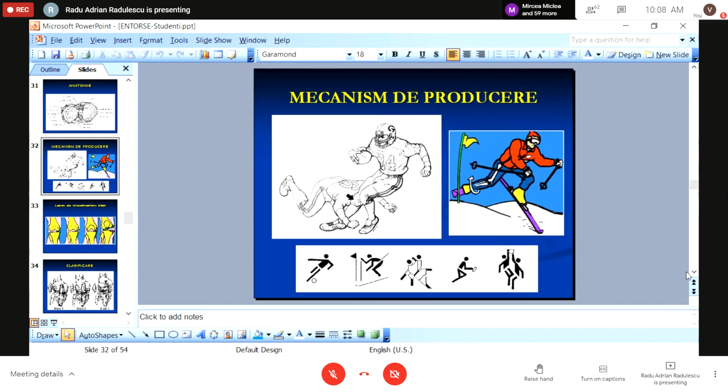The mechanism of the knee sprain is usually during sports activities. And here are some possible sports that may lead to sprains. One of them, you see, is the lateral hit of the knee.